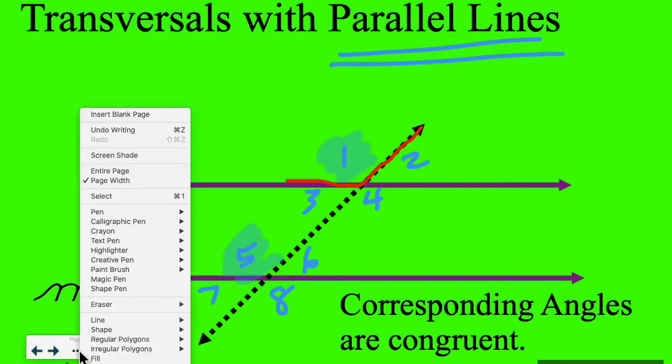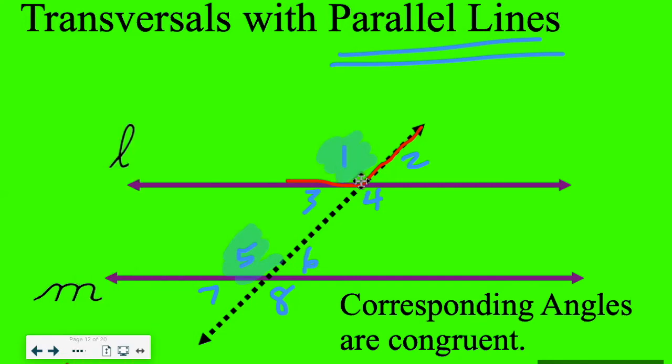I just traced angle 1. So now I'm going to take what I traced, and I'm going to move it down to angle 5. Do you see that it is the same size and shape? Yeah, they are congruent. Corresponding angles will always be congruent.